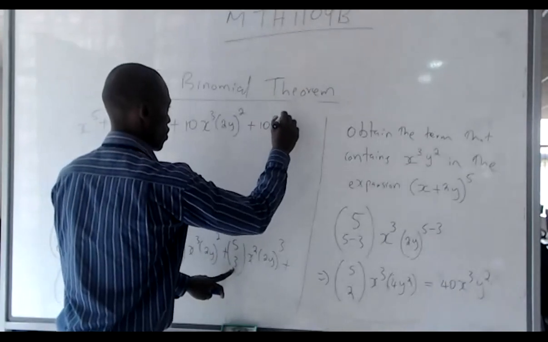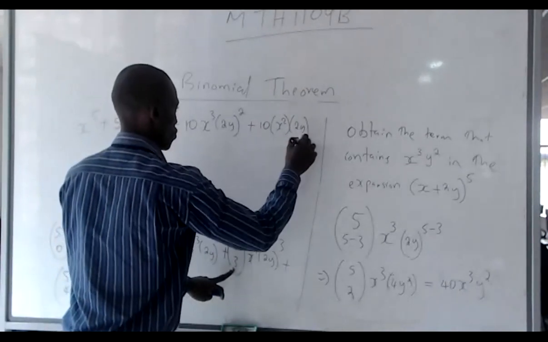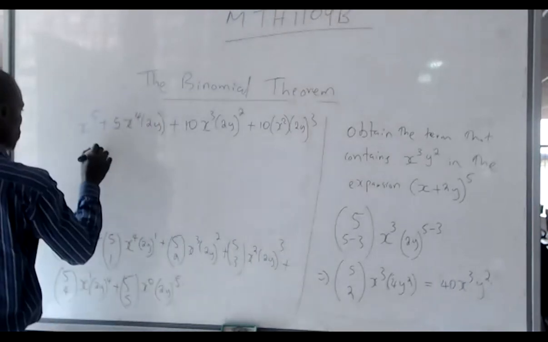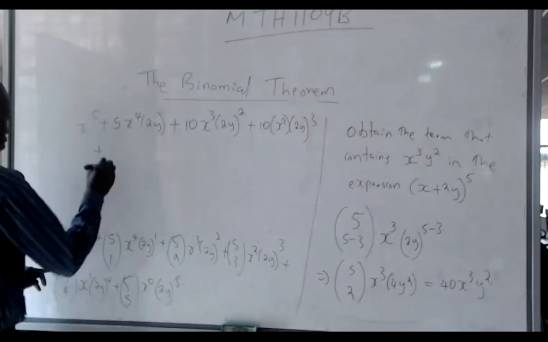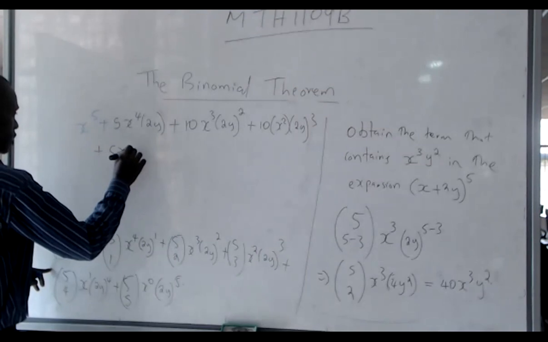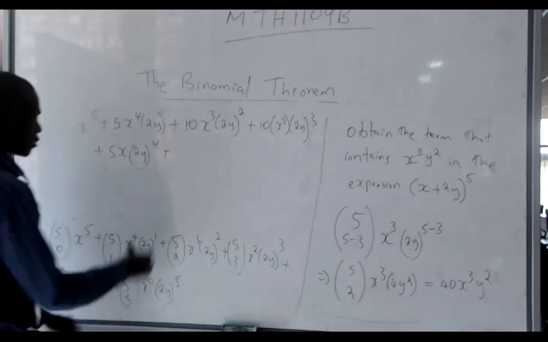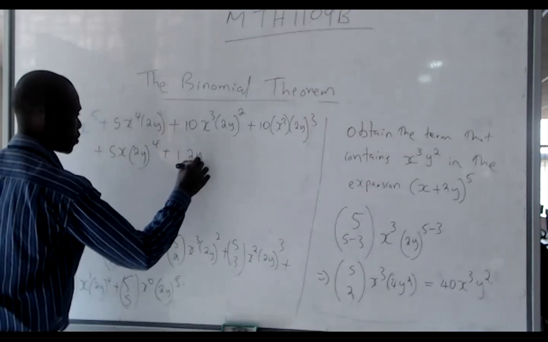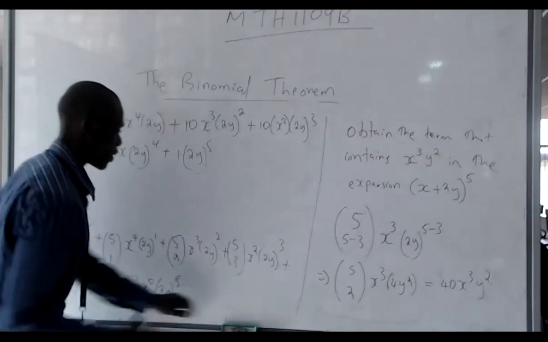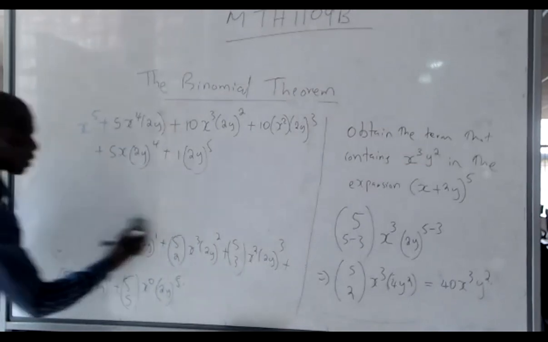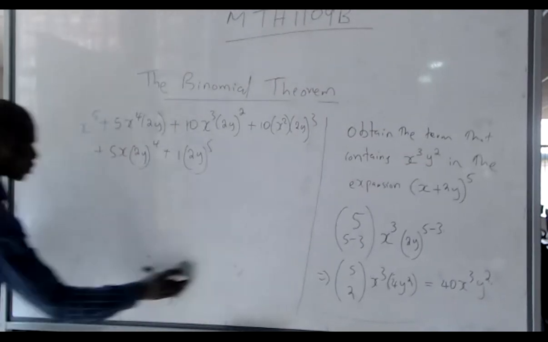Then you have x squared, 2y cubed. 5 combination 4 is 5. So we have 5x and 2y to the 4. Lastly, 5 combination 5 is 1. Then we have 2y to the 5. Let us finish up this. What does it look like?